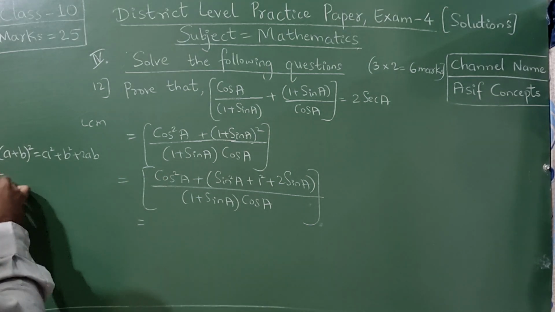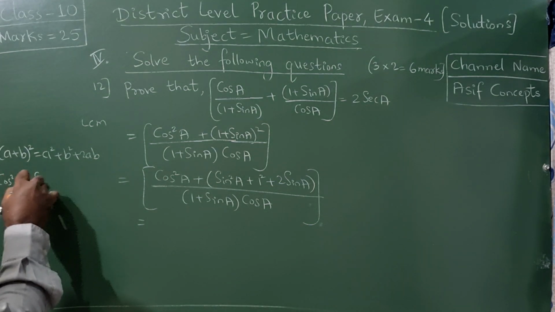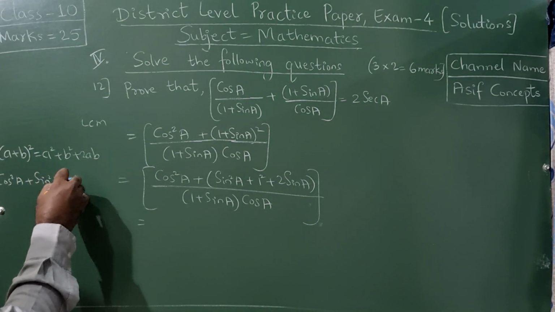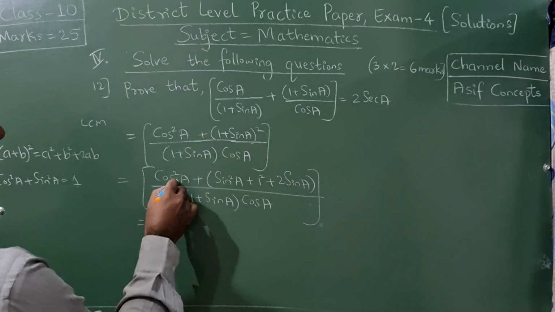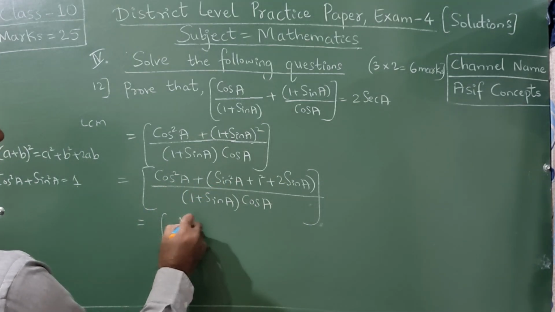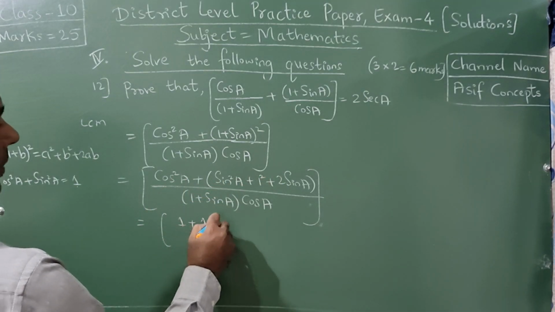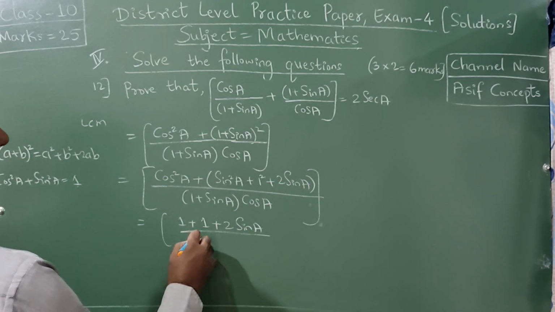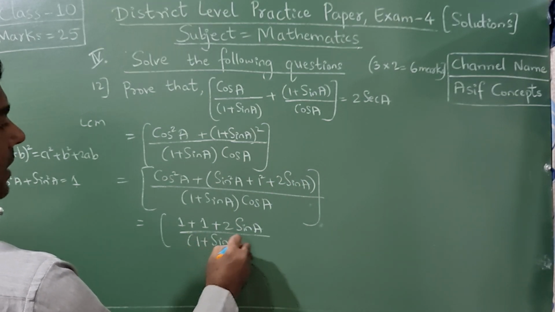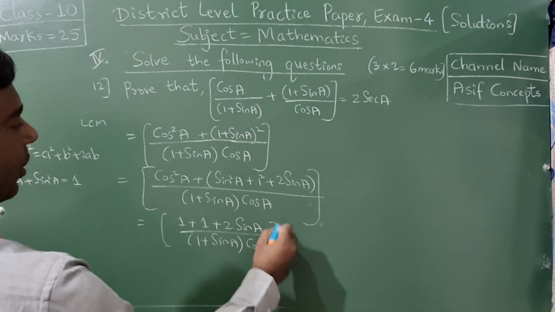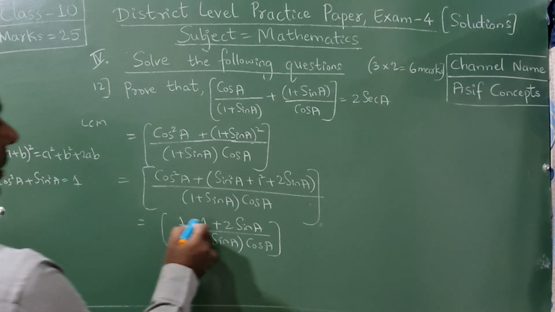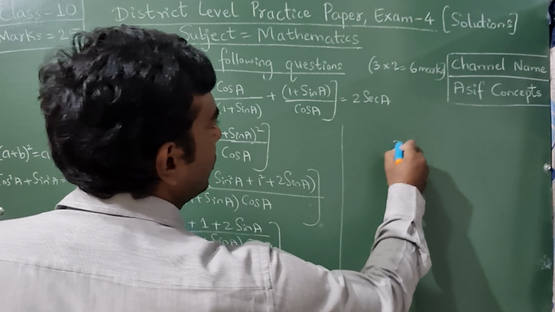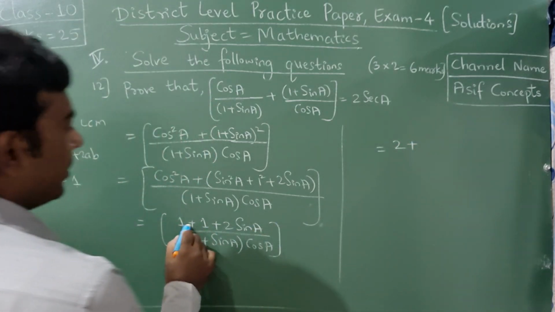Now again there is a formula, cos square A plus sin square A is equal to 1. So here cos square and here sin square, so it will become 1. 1 square is 1, plus 2 sin A divided by 1 plus sin A into cos A. Okay. Now 1 plus 1 is 2. Okay.